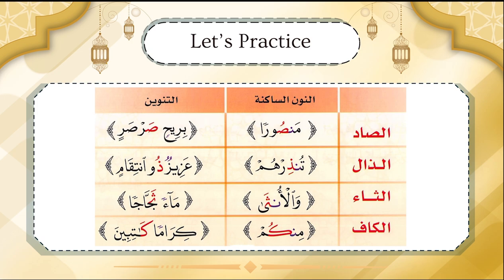You will allow yourself to breathe a bit to prepare yourself to pronounce the next letter. So rather than going mansura, which I hear some students do, no, you want to give yourself some time to pronounce it correctly. So we go mansura, the nasal sound is important. You need to pronounce that nasal sound.